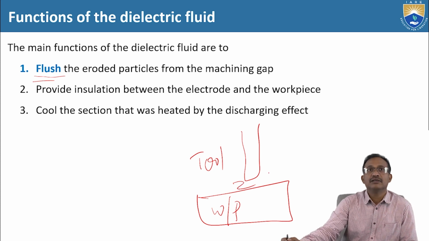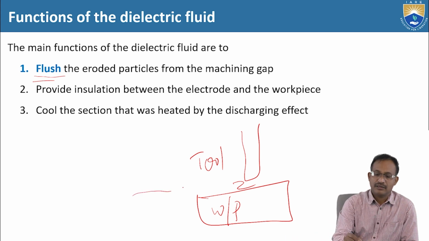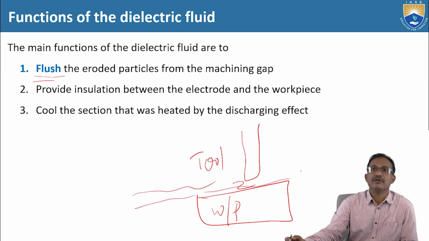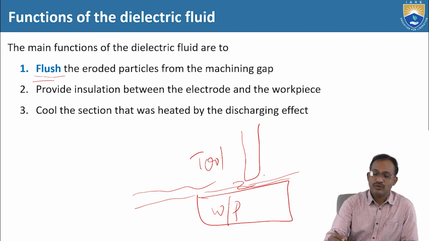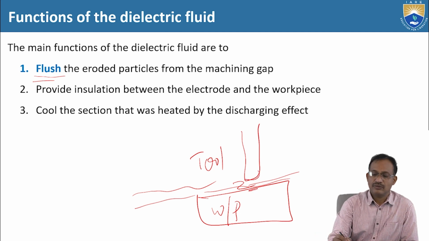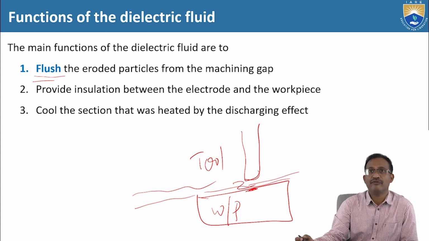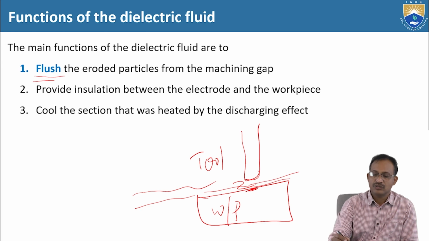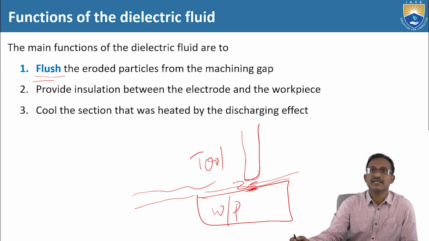This is where the arc or spark is generated, and the dielectric fluid medium passes in between these two. Whenever the tool removes the workpiece material, that is, debris, it has to be flushed. The gap must be constantly maintained.